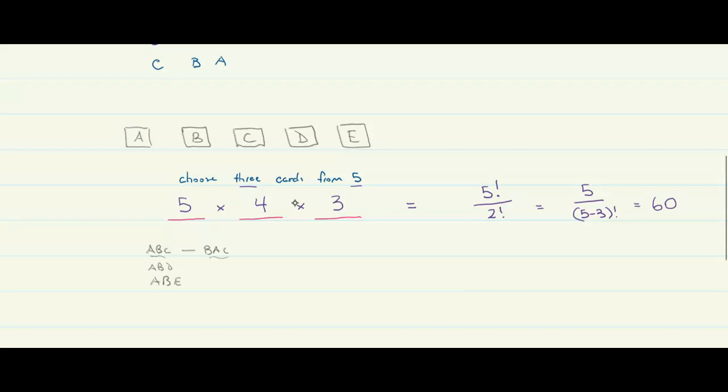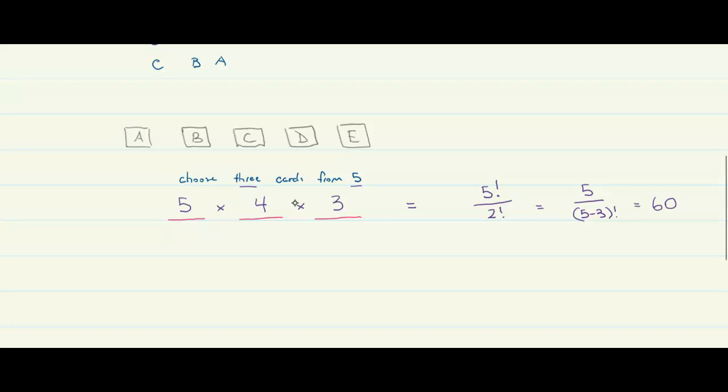So yes, order is important. This is a permutation. Let's just hold off on how to calculate it generally for a second.